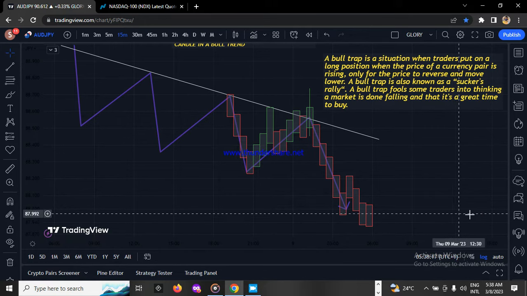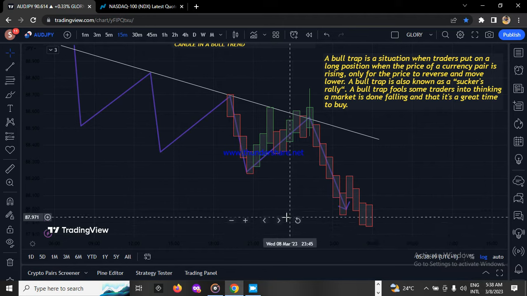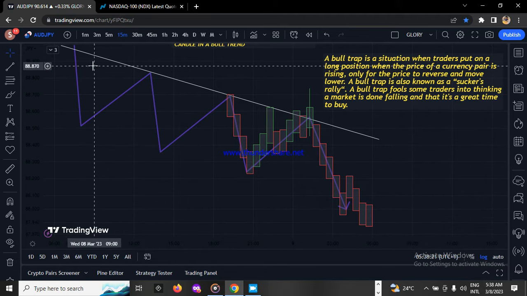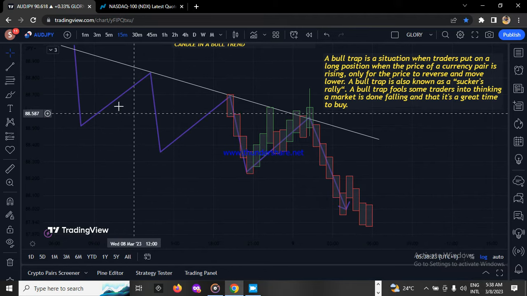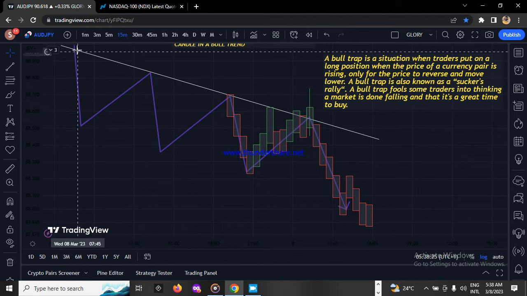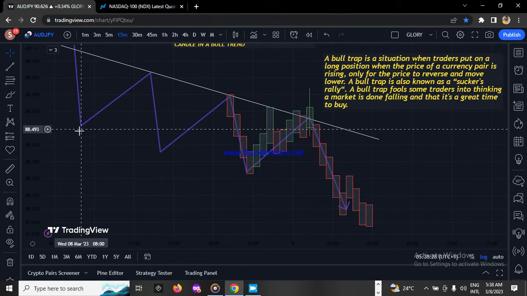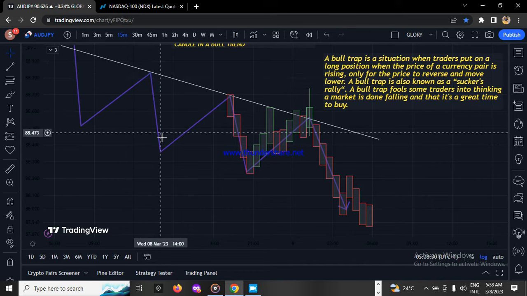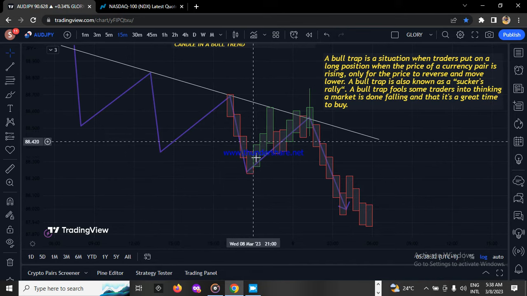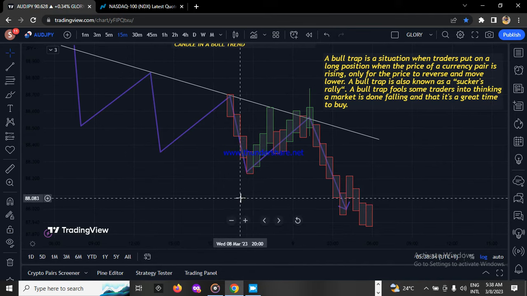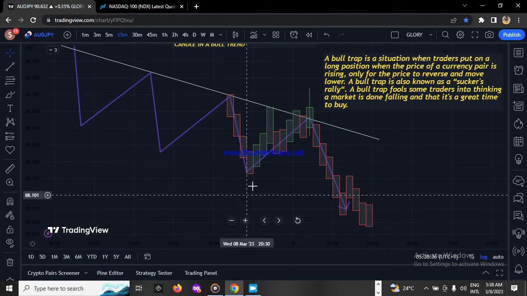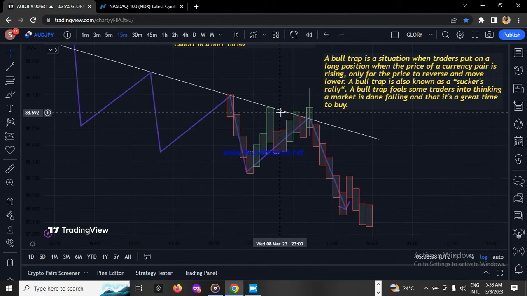So without wasting much time, as you can see, this is a bear trend. You can see how the market was falling down, pulled back, dropped, pulled back, dropped, pulled back again.